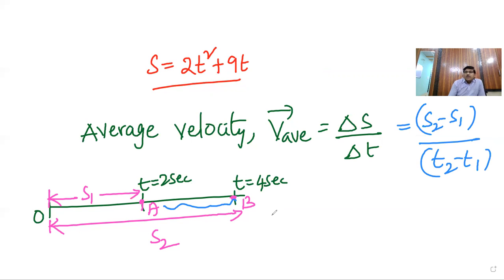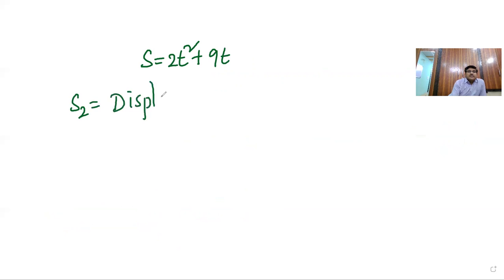Now observe, here S is equal to 2t square plus 90. So S2 we require. S2 is the displacement at t is equal to 4 seconds.